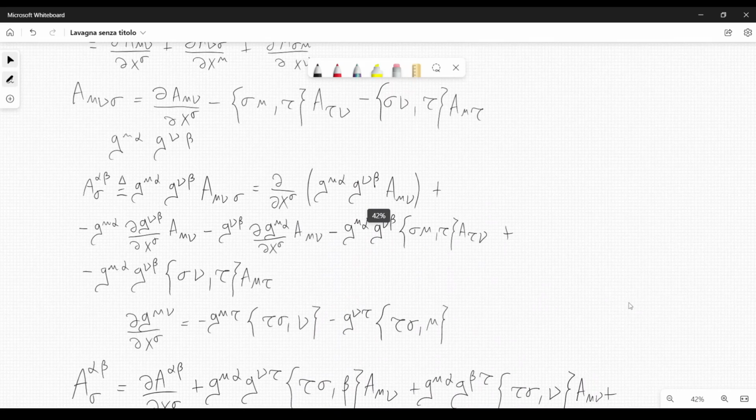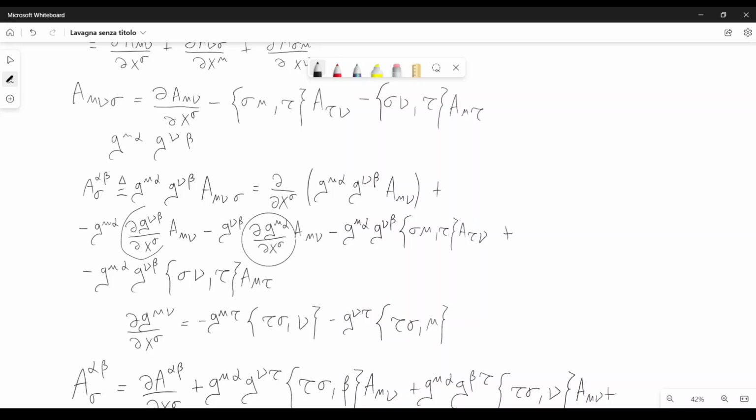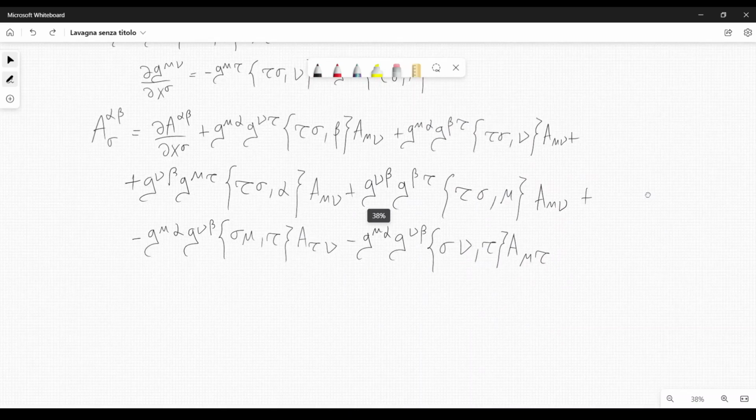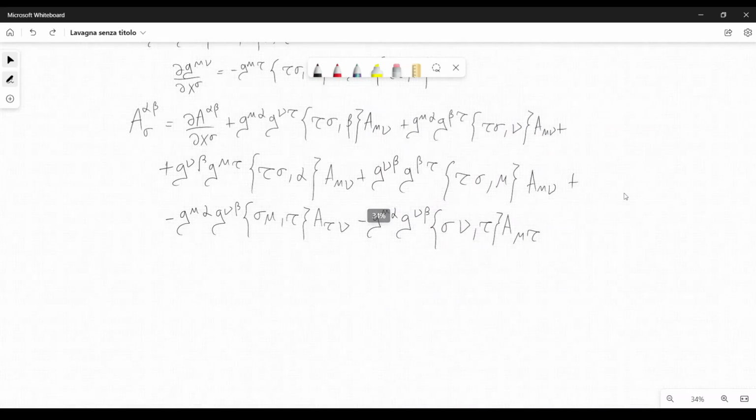I have, as I said, substituted this formula here, in here, and in here as well. So it is quite tedious, quite boring, but this is what we need to do. And then we can see that this term here is equal and opposite in sign to this term here. If you take a look, this term here is equal and opposite in sign to this term.